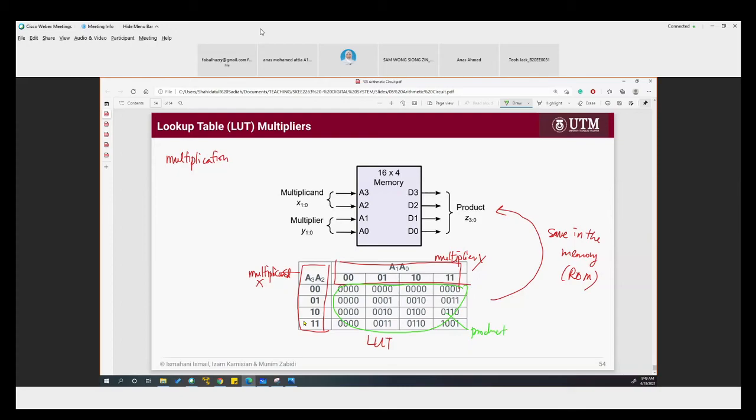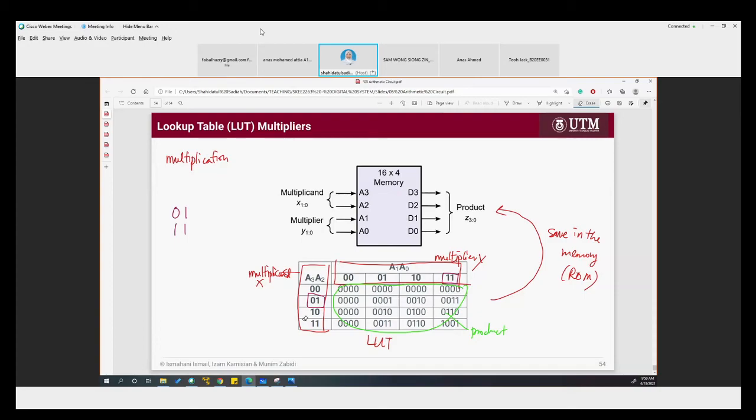Let's say you want to calculate the multiplicand 0, 1 with the multiplier 1, 1. Sorry, this is only 2 bits. You check the address of the multiplicand 0, 1 and the address of the multiplier 1, 1, and then you can find the answer.